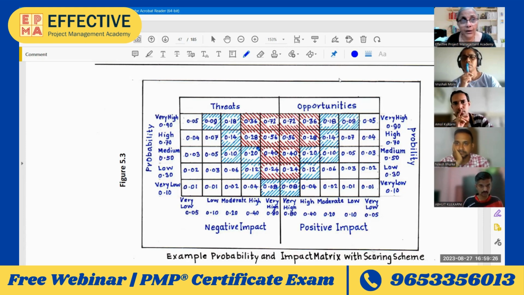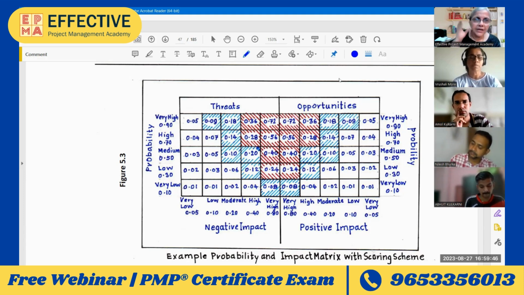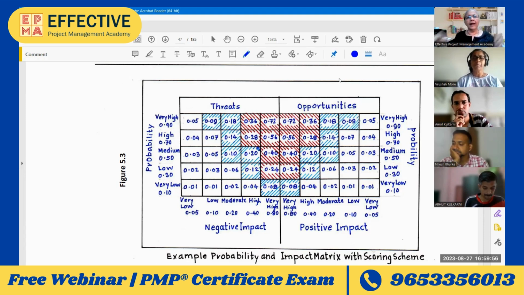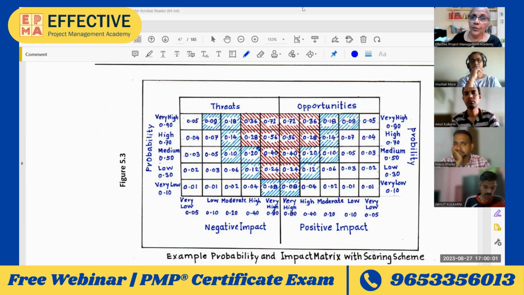If you have seen, many organizations have identifiers or signals, lights. This is a yellow project, this is a red project as far as the risks are concerned. Because of the experience, they realize that if these are the risks on the project, this needs to be considered a high risk project. Or if these are the risks that are there on your project, you should be planning for your risks, or you should be focusing on certain risks. That's a policy level decision at organizational level. Page number 50 in your books. Thank you, Purva.